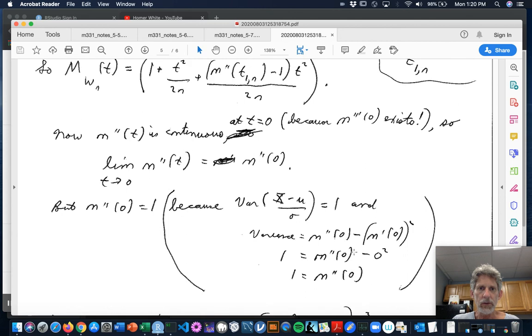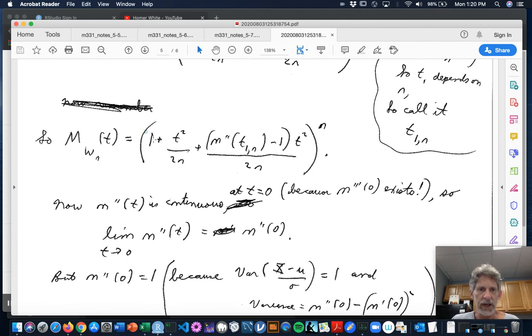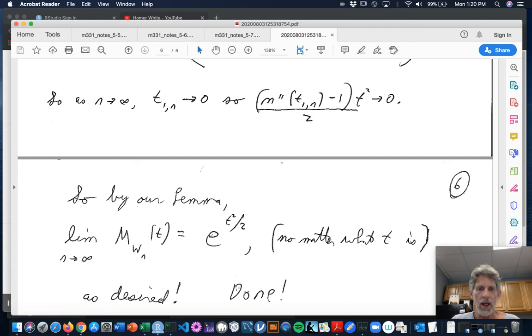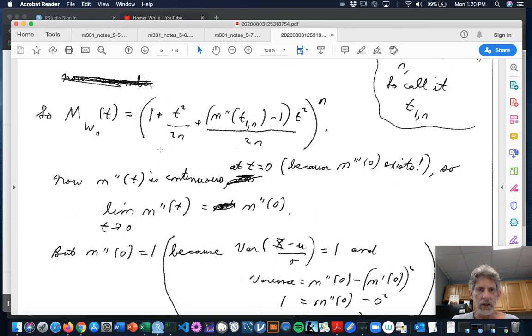Great. So looking back at this expression here, we've got a 1 plus an r, and the r is a t squared over 2, divided by an n, plus a yn, this stuff over 2, divided by n, all raised to the nth power. We're in the situation of that lemma. It's going to have to converge to the same thing as what this to the n would have done. And so that's converging to, well, let's see.